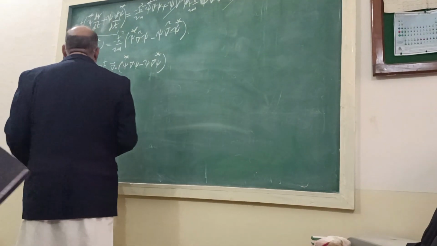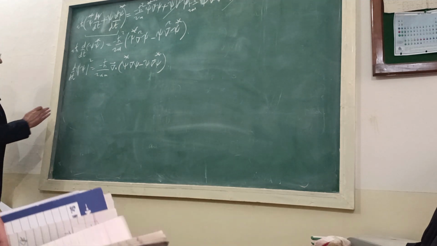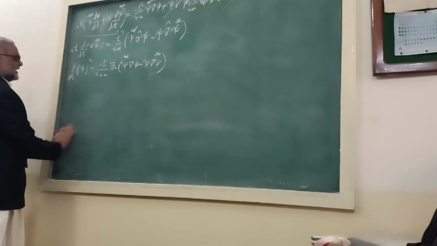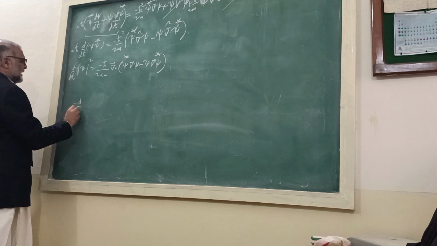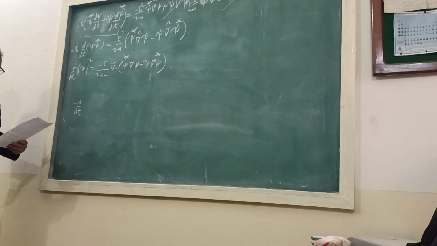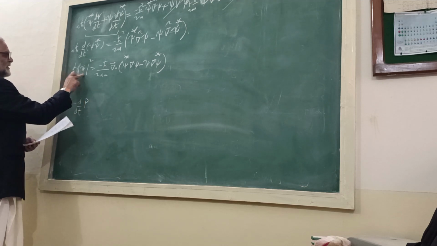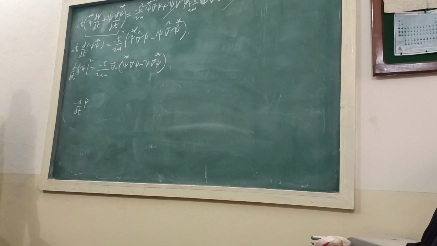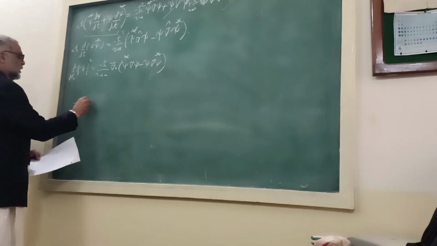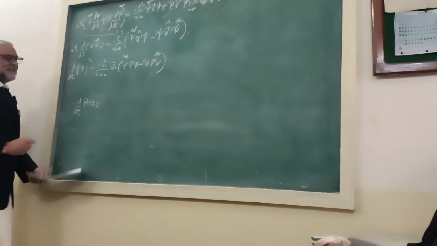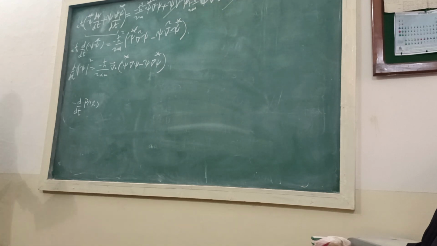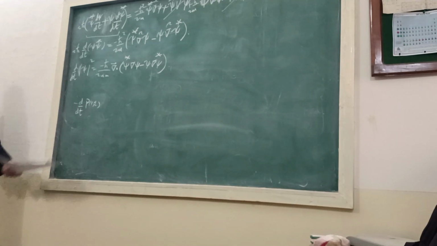I can do it like this: minus d by dt of P, I'm writing this as P, probability, which is a function of r and t. This is the probability density, not simple probability, the probability density.